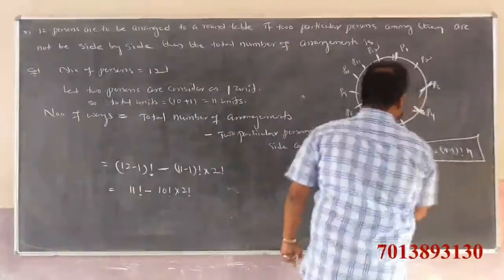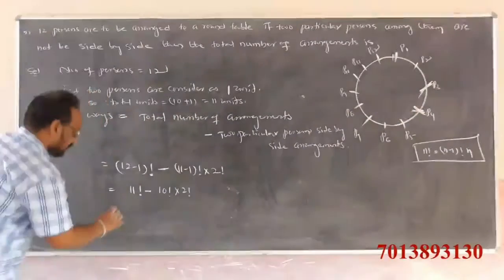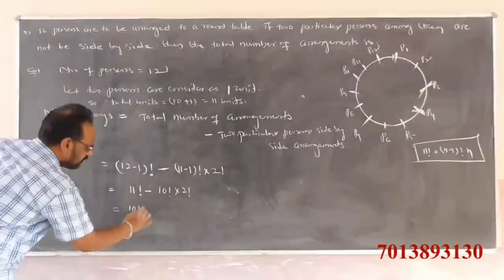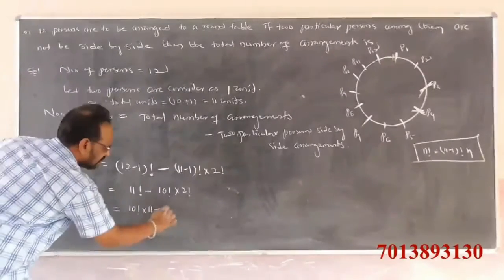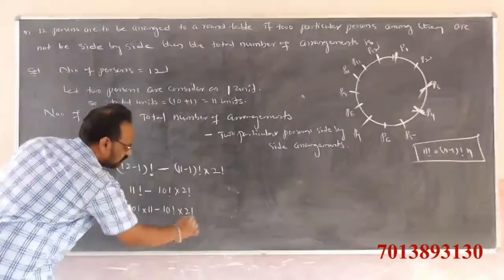So 11 factorial can be written as 10 factorial into 11, minus 10 factorial into 2 factorial.